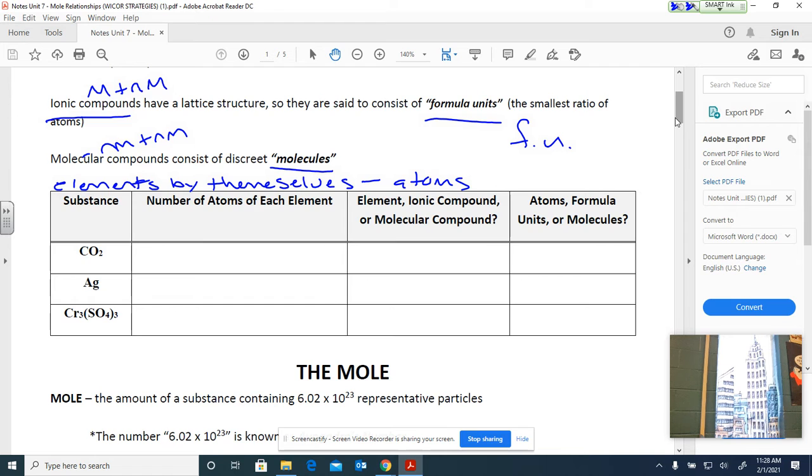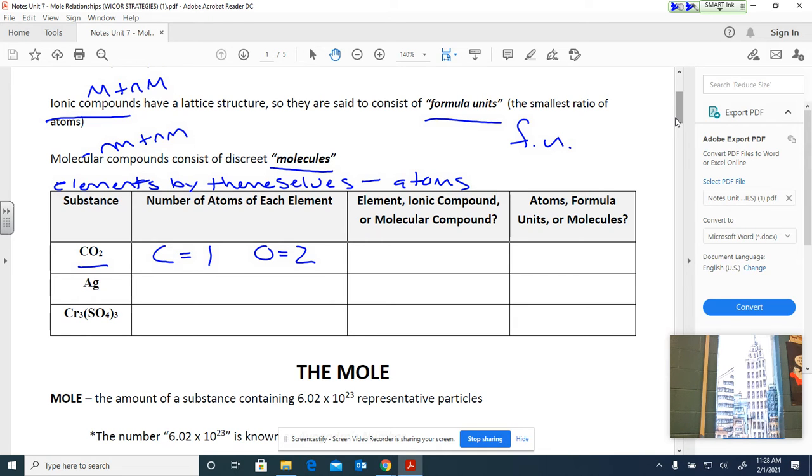So if I'm looking at some examples here, so we have CO2, will be the number of atoms of each element. So first off, I have carbon and oxygen. Carbon has no subscripts, no parentheses, so it's just 1. There's 1 carbon atom in this compound. Oxygen has a 2 for a subscript, so it's 2. So that's me counting my CO2.